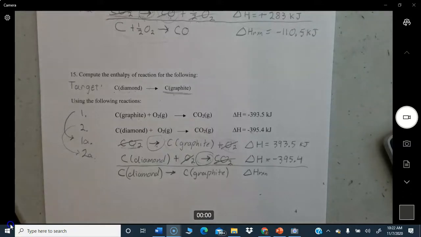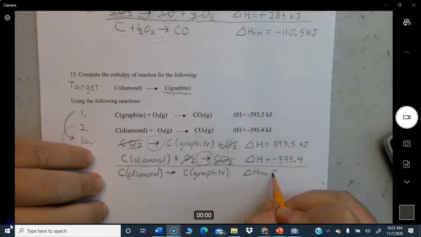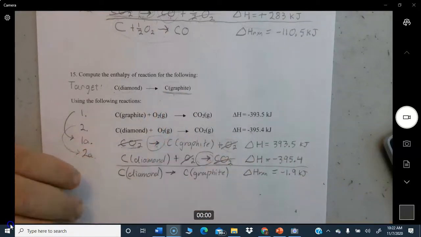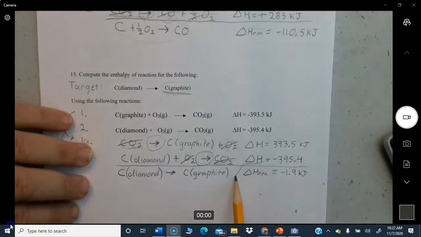So if you take the 393.5 and subtract the 395.4, you get negative 1.9. So that's negative 1.9 kilojoules. So it's at lower energy. Generally, lower energy means more stable when it's in graphite form. Okay? All right, there you go for that.